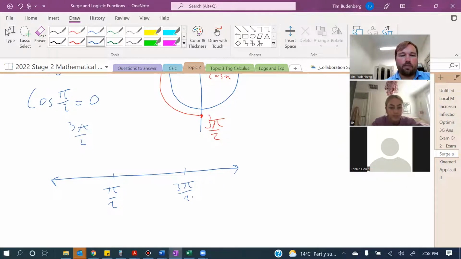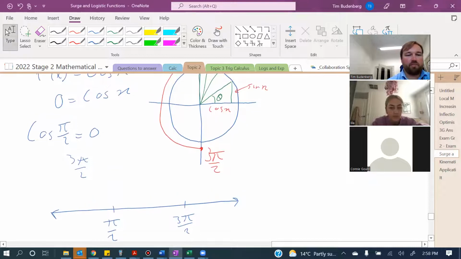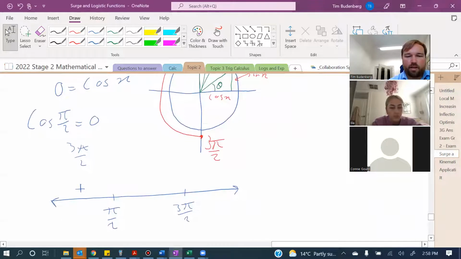I would probably substitute in 0, which falls down here. Cos of 0 is positive 1, and your calculator can help here. I would sub in π, which falls between π/2 and 3π/2.